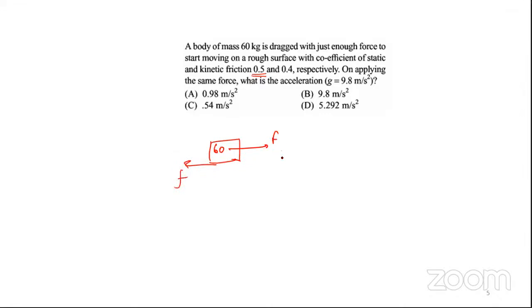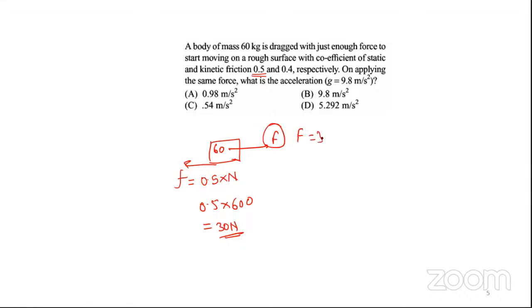So to overcome the friction, this force should be equal to static friction, which will be 0.5 into N. N will be equal to mg, so 0.5 into 600 gives me 300 newtons. So 300 newtons will be the value of the force which is being applied as well.